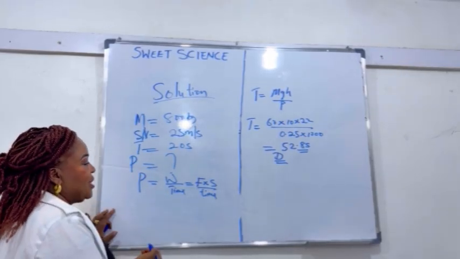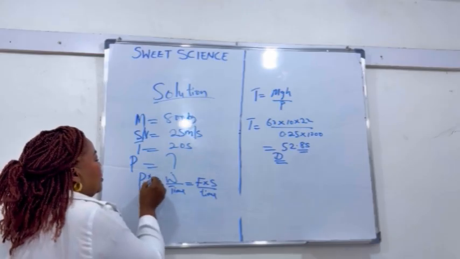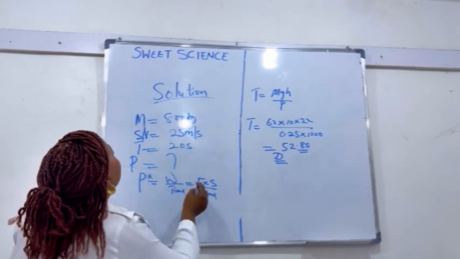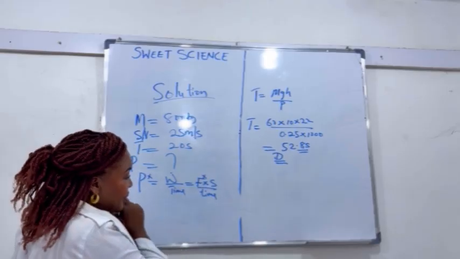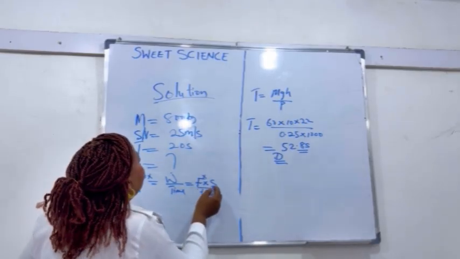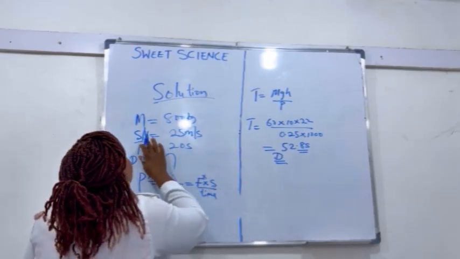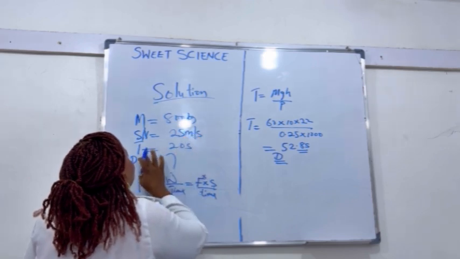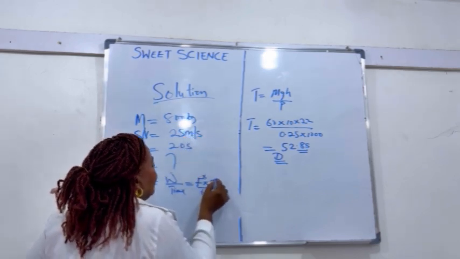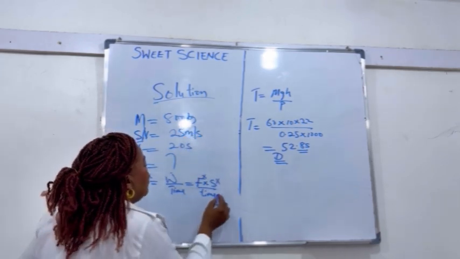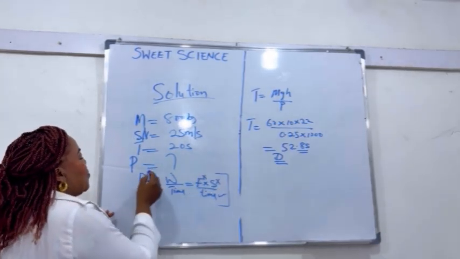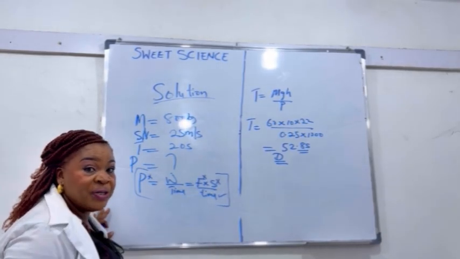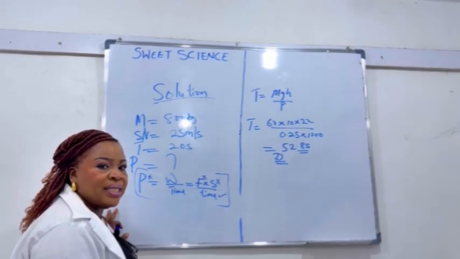Look at this equation: power is not known, force is unknown, and distance is unknown, though we have speed and time. Only time is known. So in this equation we have three unknowns, and we have to do something.